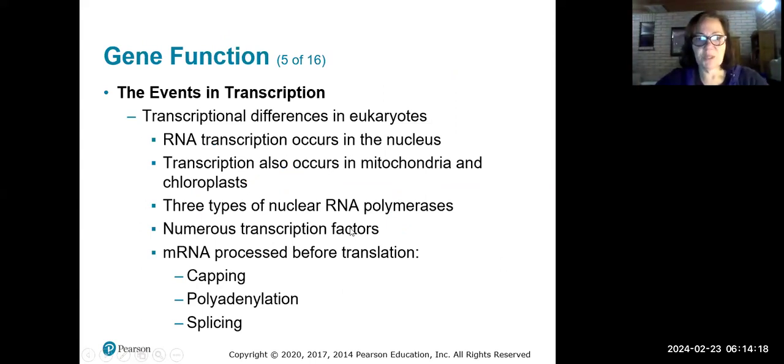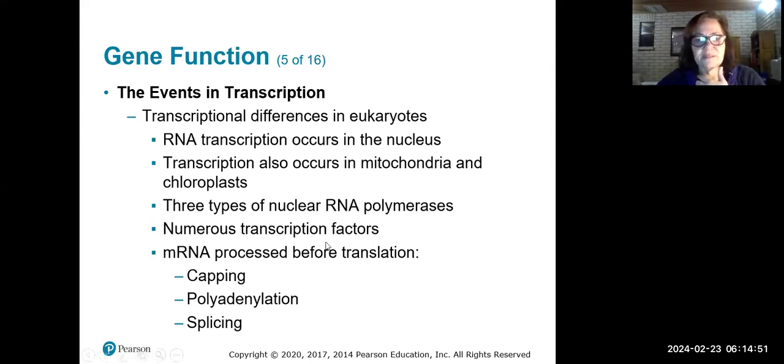So to summarize, these are the transcriptional differences in eukaryotes, and how this is different from what's going on in the bacteria. One, we already mentioned, RNA transcription has to happen in the nucleus of eukaryotic cells, not like prokaryotic cells. Because there's also some DNA in those organelles, the mitochondria and chloroplasts, there's actually some transcription happening in those sections of the cell also.